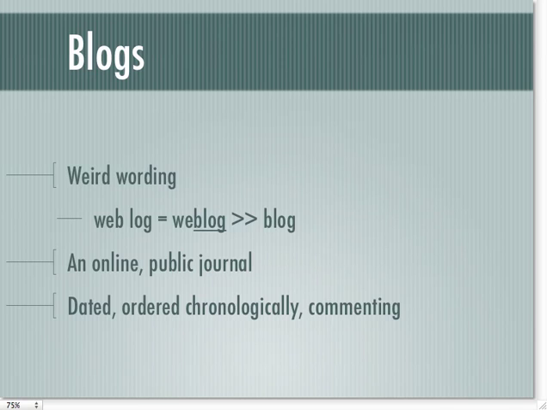For the context of this unit, we're going to talk about creating an online public journal. If you're using this or going to be using this in your classroom with students, know that there are ways to create private journals, or journals that can only be shared with particular individuals, like between a teacher and a student, or a parent and a child, or a teacher and a teacher.